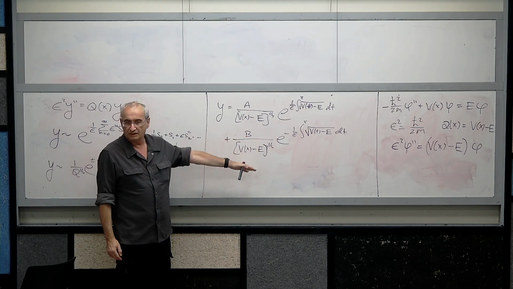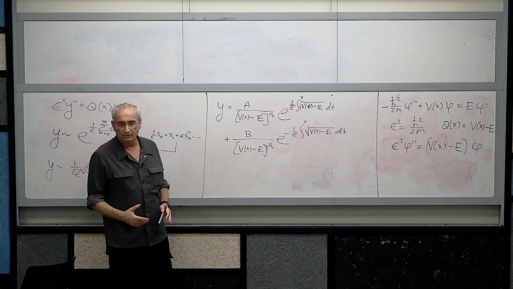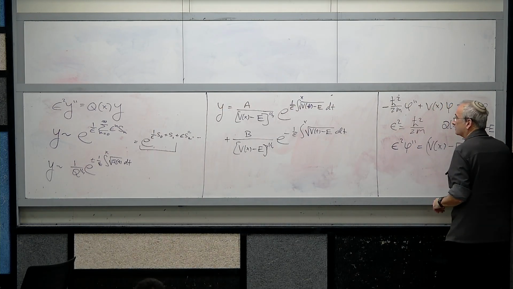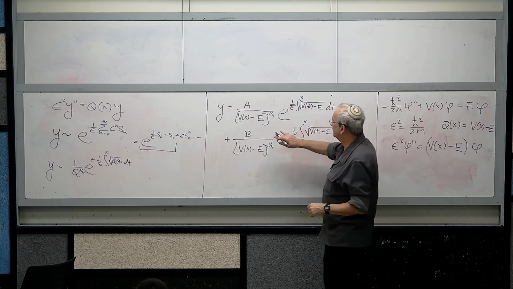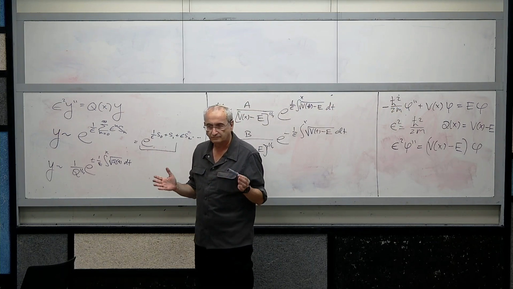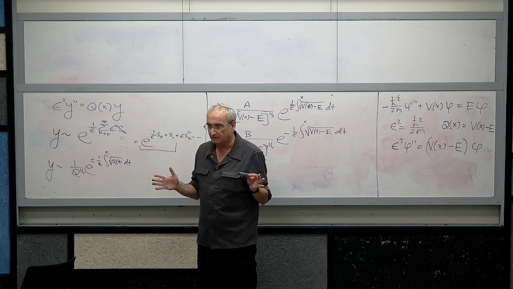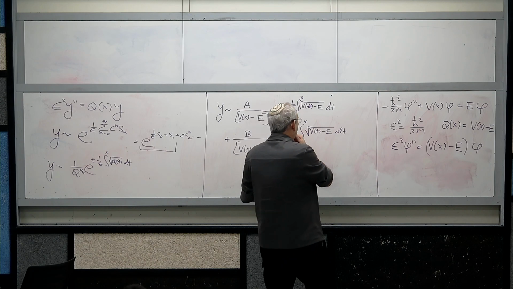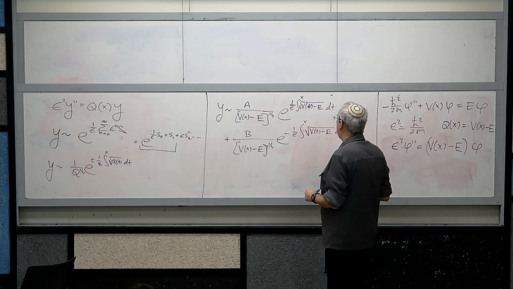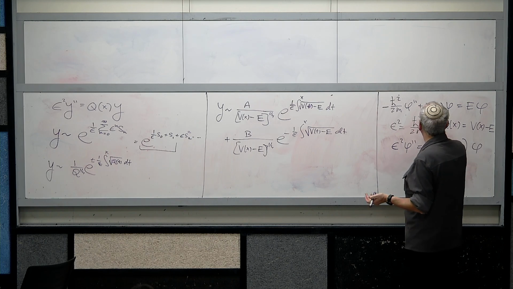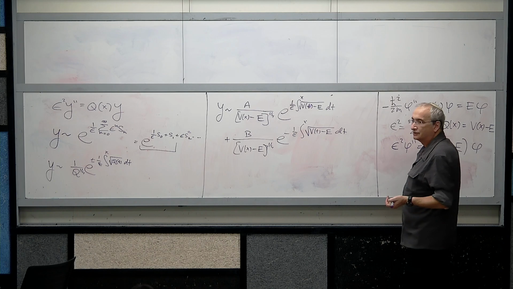This is, or we hope it will be, a good approximation when epsilon is relatively small. Are you with me? Good. For example, if you have an electron, V of x is q times the potential.